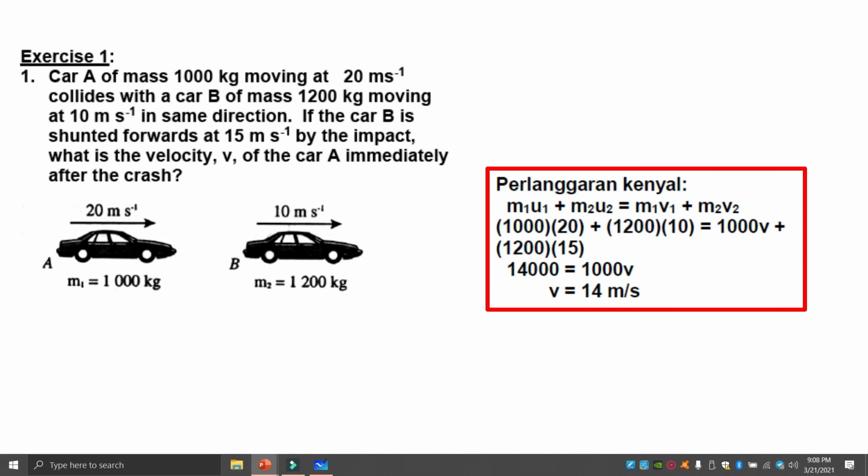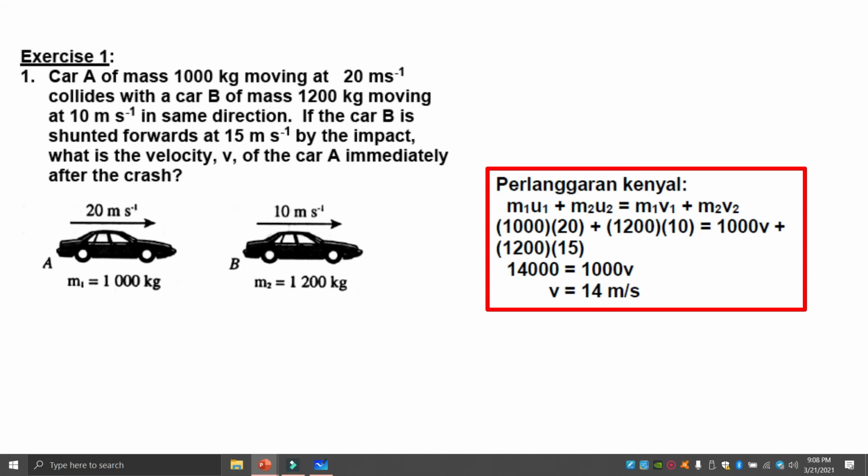Car A of mass 1000 kg, moving at 20 meter per second, collides with car B of mass 1200 kg, moving at 10 meter per second in the same direction.